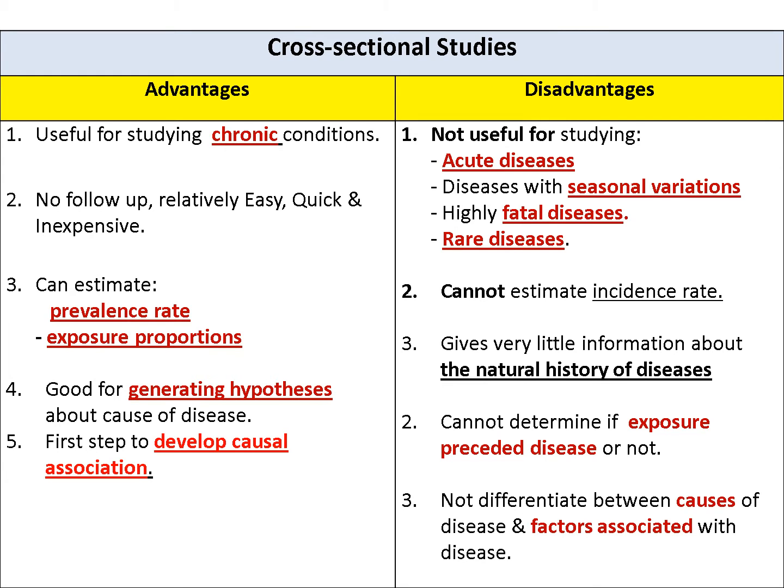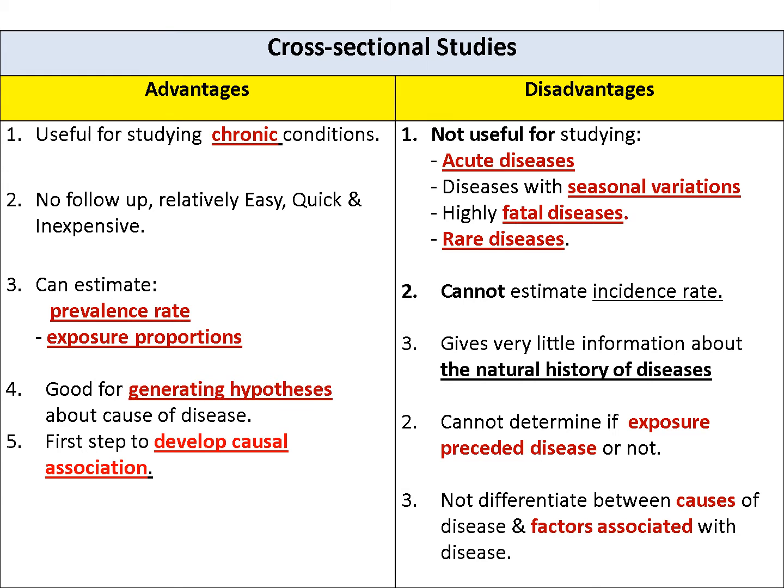Also highly fatal diseases, because the person dies without detection. We can't take a good decision or get a good picture about the disease. Also rare diseases, because we can't find them among the target population.